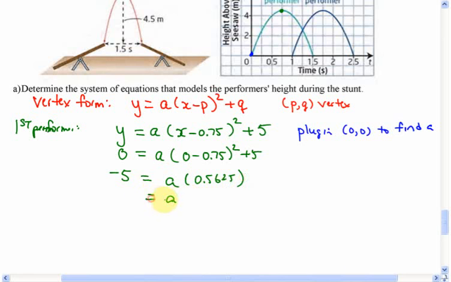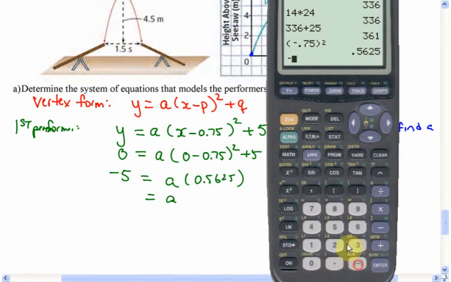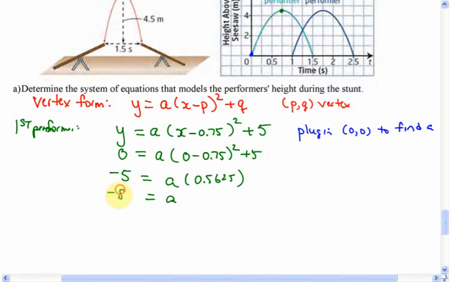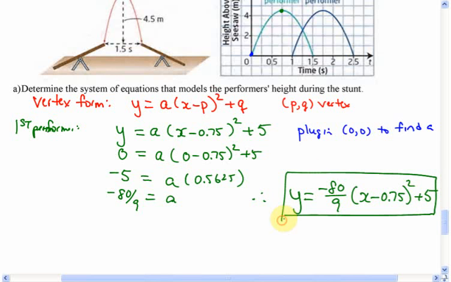So a equals negative 5 divided by my answer, about negative 8.888. So that's about what? Let's change to fraction math, yes. Negative 80 over 9. Therefore, your equation for the first one is y equals negative 80 over 9 times (x minus 0.75) all squared plus 5. First performer.